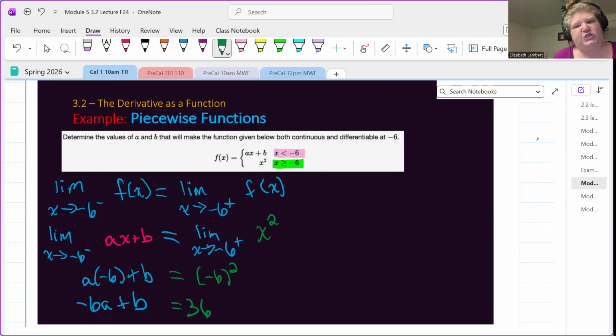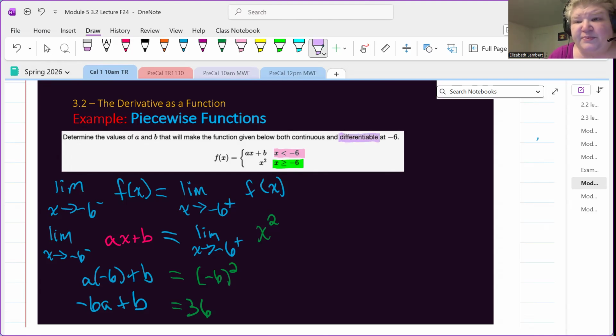This is not enough to solve for values of a and b. I need another equation, a different equation from the one I have here, and then I can find the spot where the two equations meet. This does give me some idea of how a and b relate together, but not enough to pin down particular values for them. This is where our differentiable side is going to come into play.